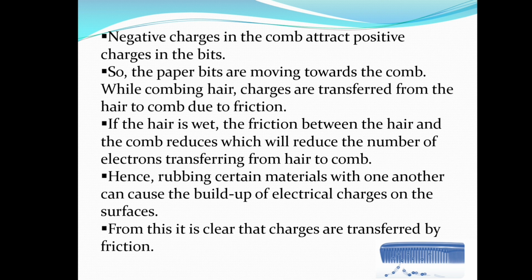The bits have positive and negative charges at their ends. Now we keep the comb near the paper bits. Since it is negatively charged, it attracts the positive charges towards it.